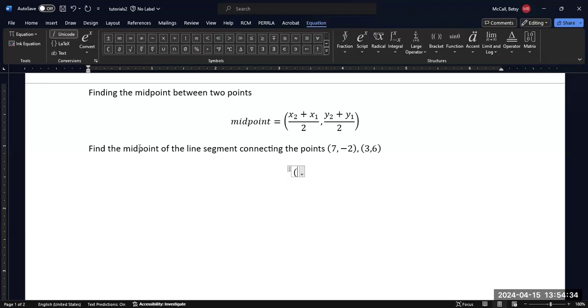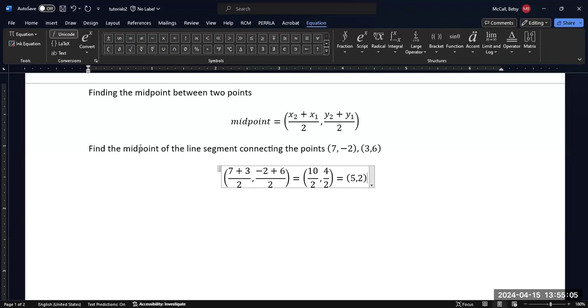So our midpoint is going to be (7 plus 3 divided by 2, negative 2 plus 6 divided by 2). And 7 plus 3 is 10, and negative 2 plus 6 is 4. And so we're going to get the point (5, 2).